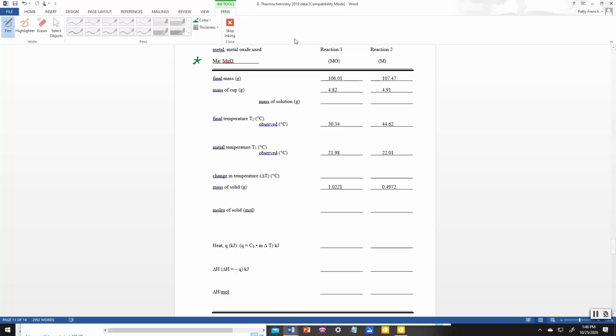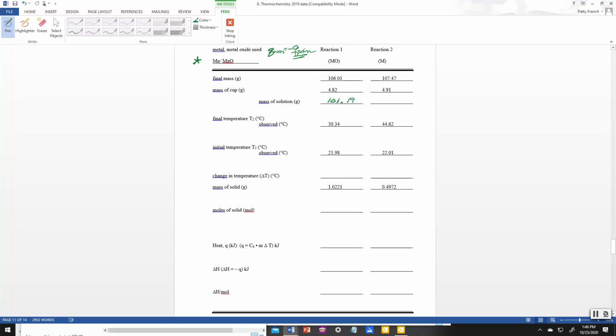So again, we're dealing with Q reaction is equal to negative Q solution. And the solution is what we can measure. So here we go. Mass of the solution, subtract the two of these, and we get 101.19 grams.